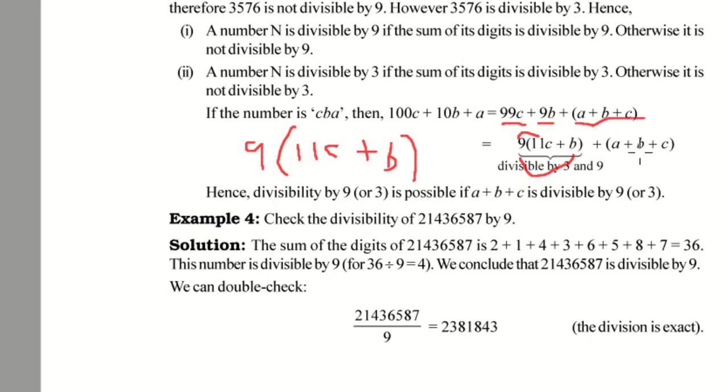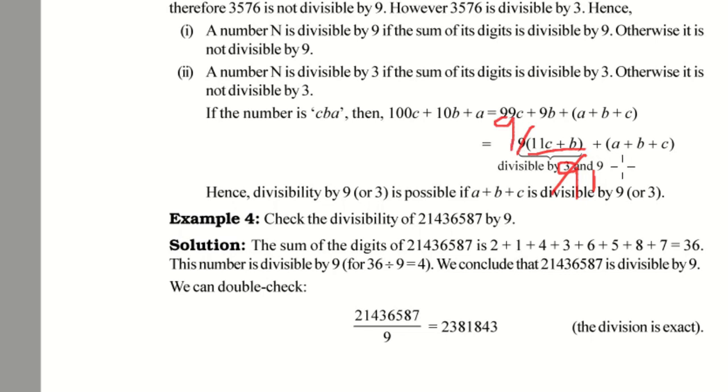Write the remaining numbers as they are. Notice this group. This number is divisible by 9. We only need to check divisibility for the remaining numbers, whether this group is divisible by 9 or not.